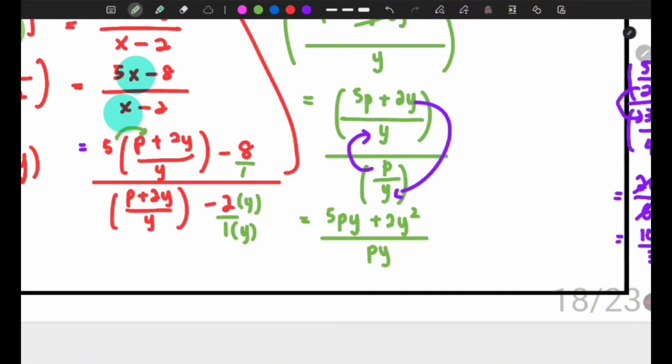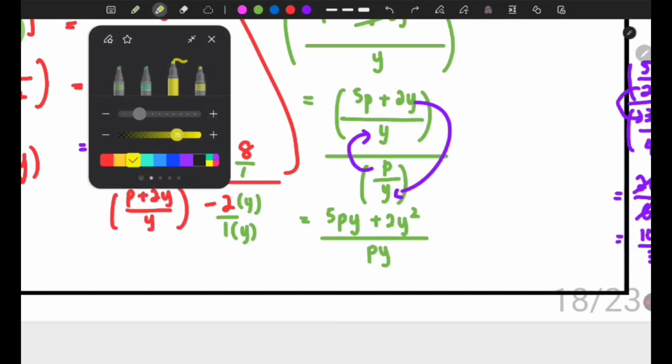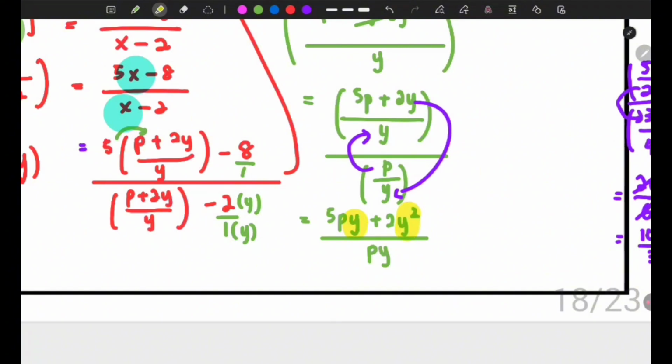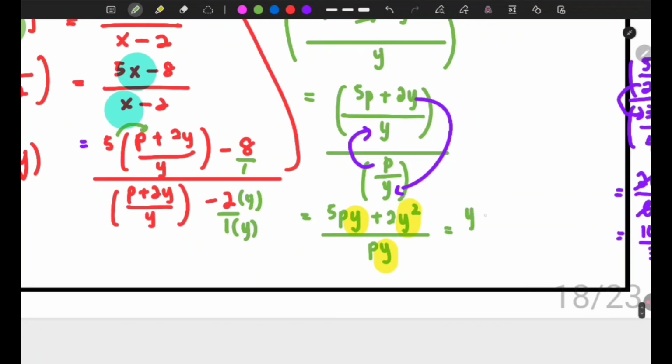So now you can actually cut the y. So here got y, here got y. So actually you can cut the y. So if you pull out the y from everything, you take out the y, so remaining is just 5p. The y you pull out, put it outside there, and here got 2y squared, that means there's 2y. I just take 1y, so remaining is 1y over the y.